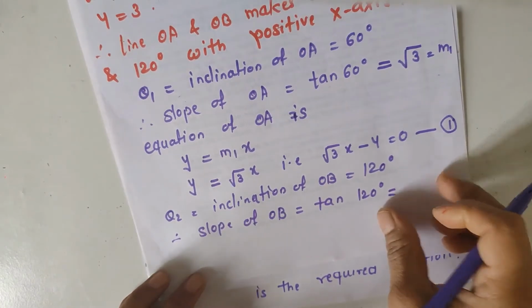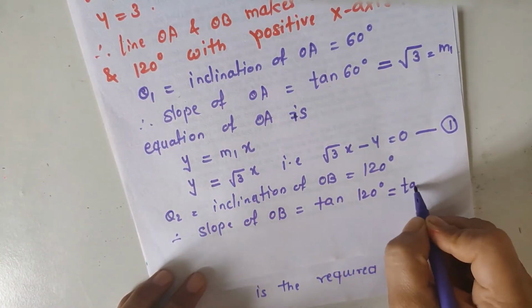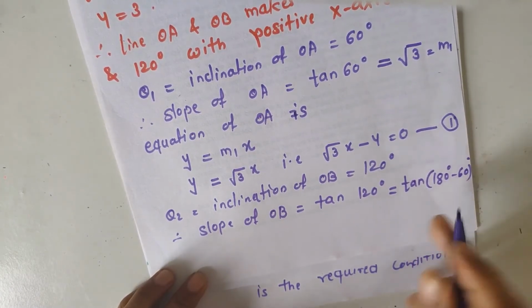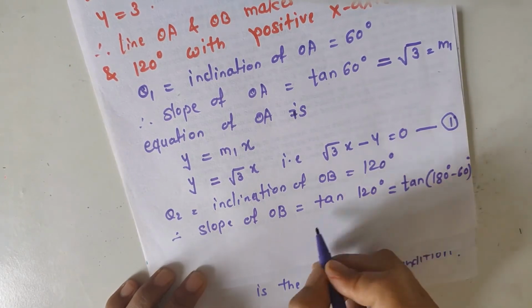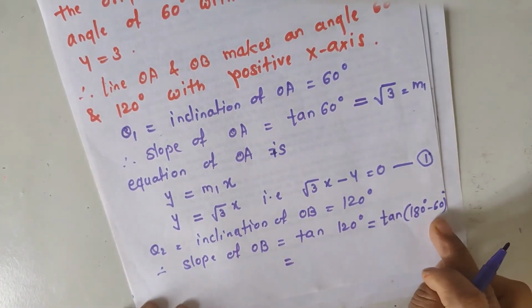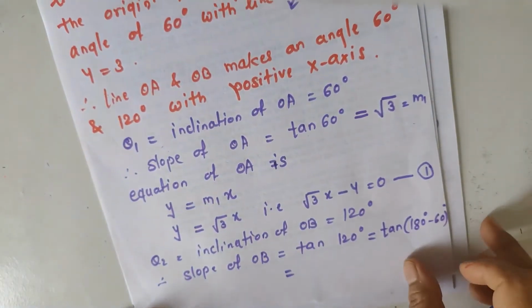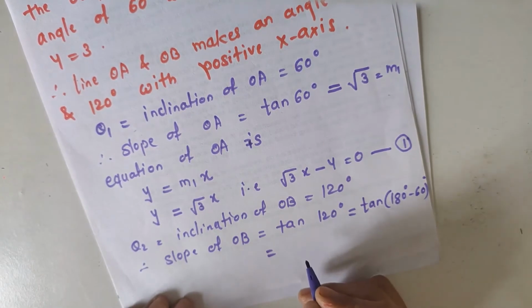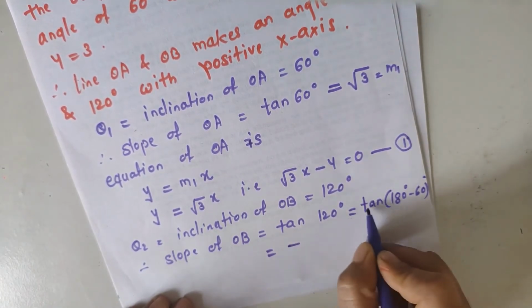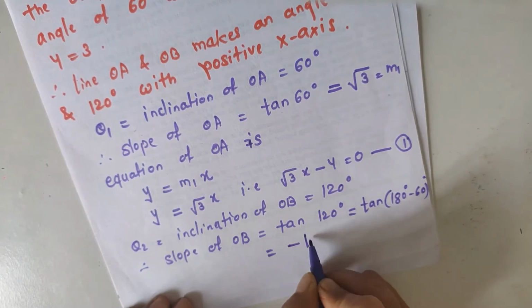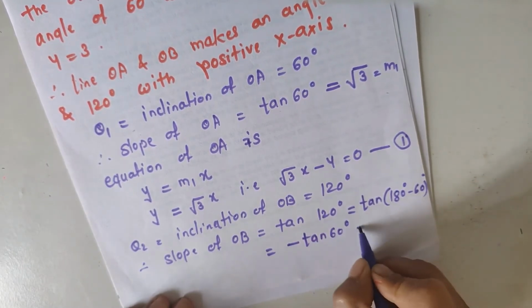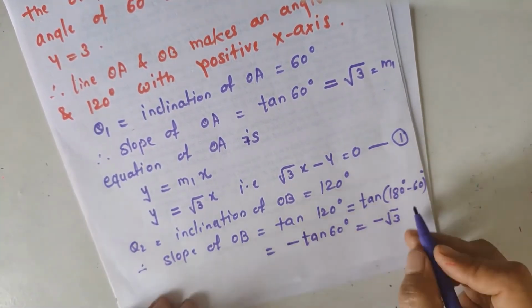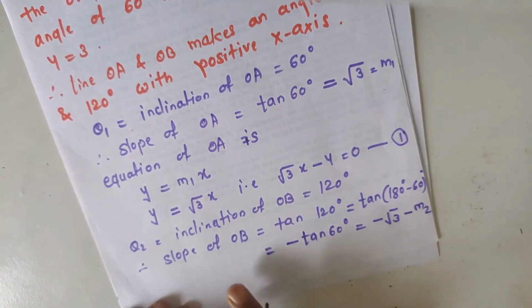This can be converted into an allied angle, that is tan of 180 minus 60 degrees. 120 means 180 minus 60, and this angle lies in the second quadrant, and in the second quadrant the tangent function will be negative. So the value of tan(180 minus 60) is minus tan 60, that is minus root 3. This is the slope of line OB.